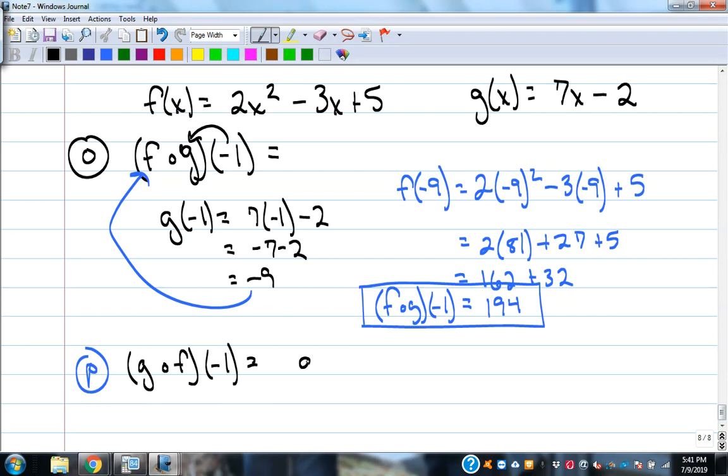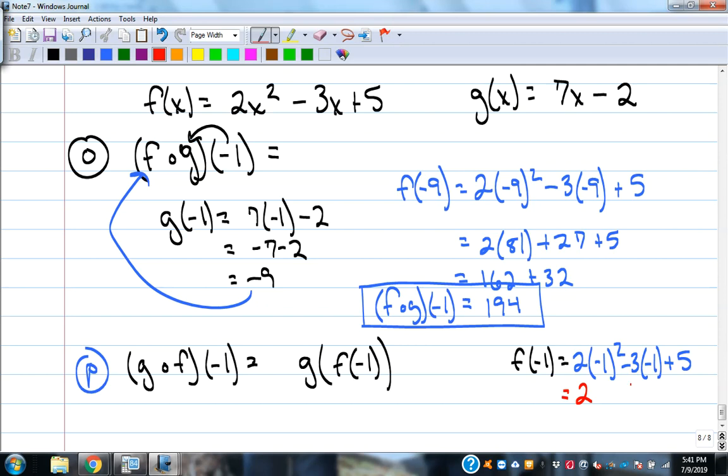It goes into f. So we're going to find f of negative 1 and then put that answer into g. So f of negative 1: 2 times negative 1 squared minus 3 times negative 1 plus 5. That'd be 1 times 2 is 2, plus 3, plus 5, which is 10.